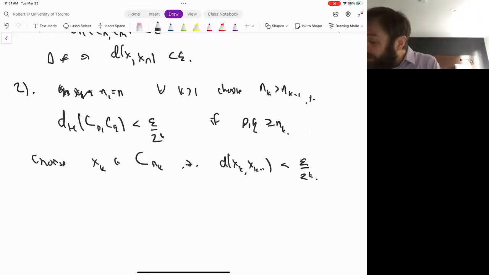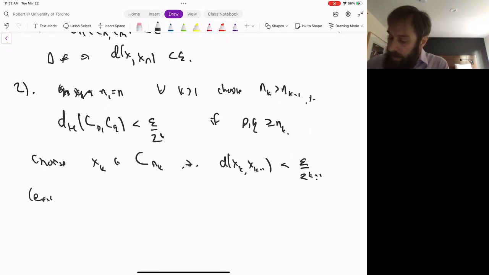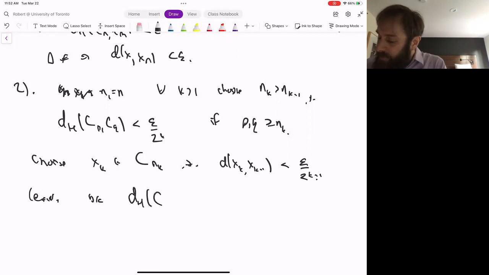I guess maybe my indices are off by 1. And I know I can do this. It exists because the Hausdorff distance between Cnk and Cnk minus 1 is less than epsilon over 2 to the k minus 1.